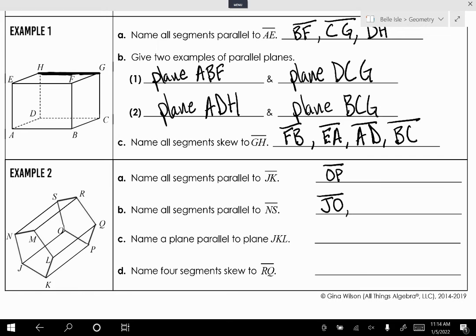Okay, I'm gonna start putting B up there. Oh, it's ML. Oh, it's OP. Okay, yeah, OP and RQ. Oh yeah, you're right because this one's angled. So JO.